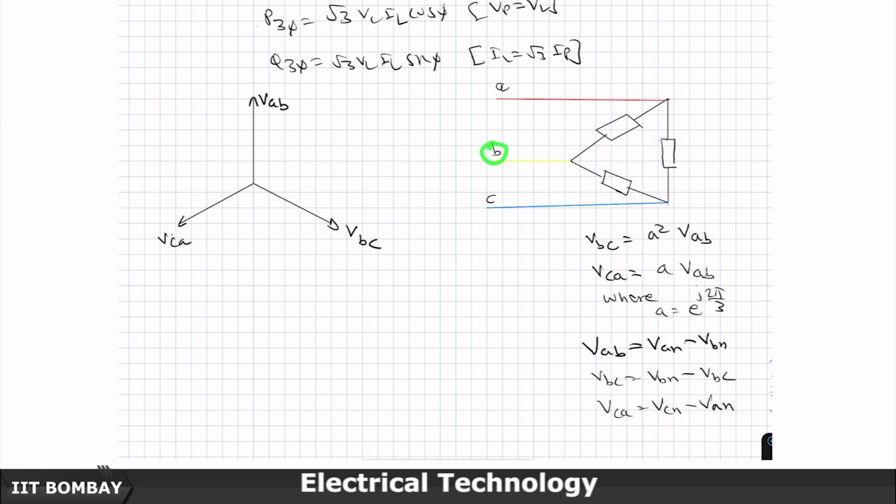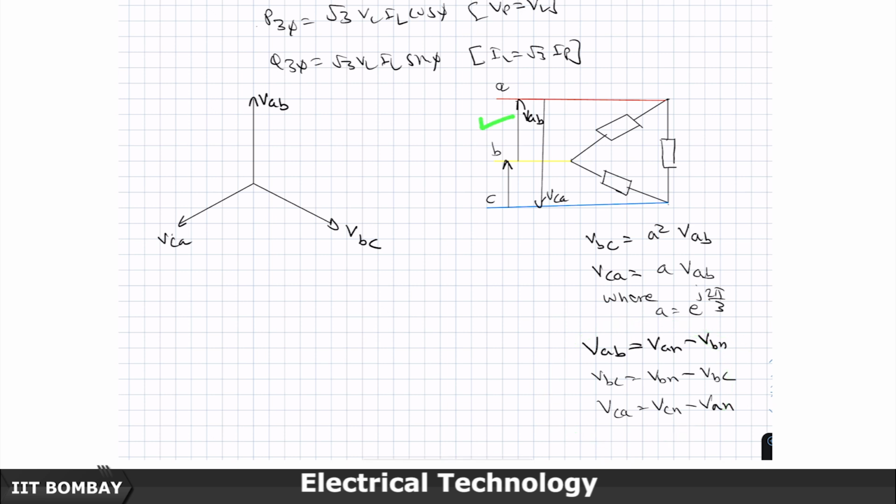So, for the first one VAB is this, the second one VBC is voltage of B taking C as reference, and VCA is the voltage of C taking A as a reference. If there is a neutral, that means if this source is a star connected source and so on and so forth, then I can come with this kind of interpretation.